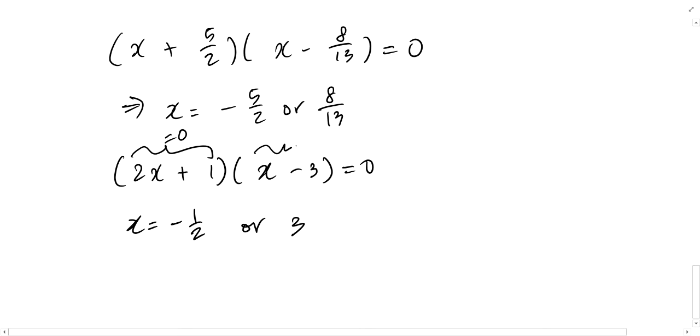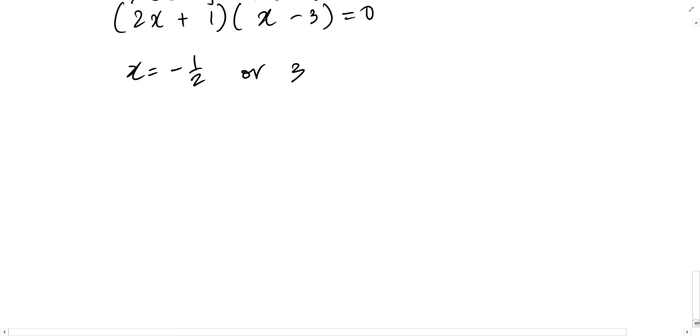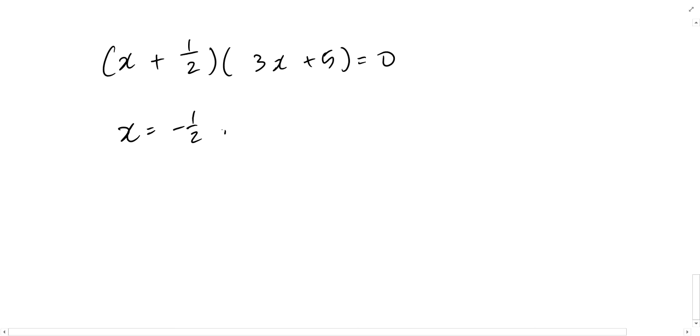Alright? Then we set this to be equal to 0. So you get the answer. Let's try a few more. X plus 1 over 2, 3x plus 5 equals to 0. Okay, x equals to? Or negative 5 over 3. Okay?